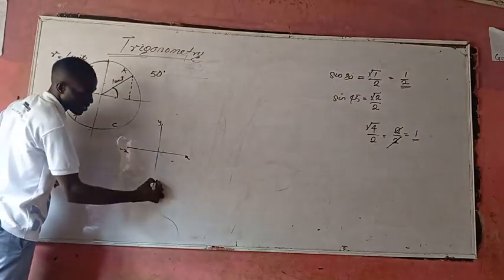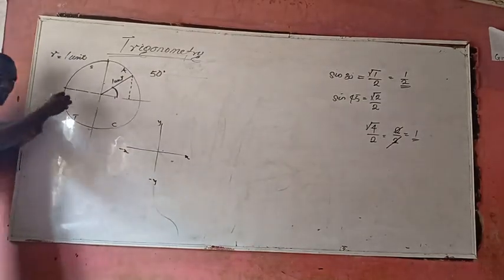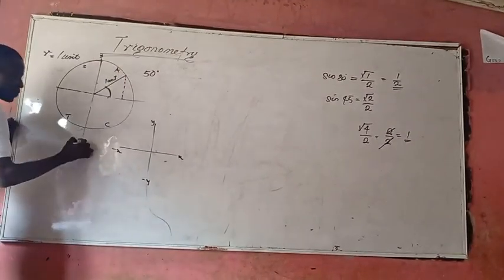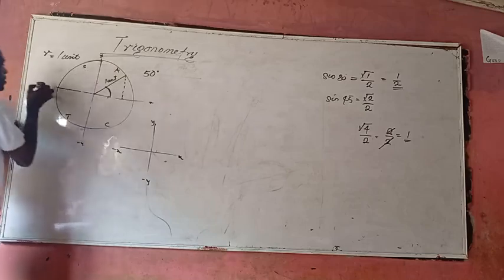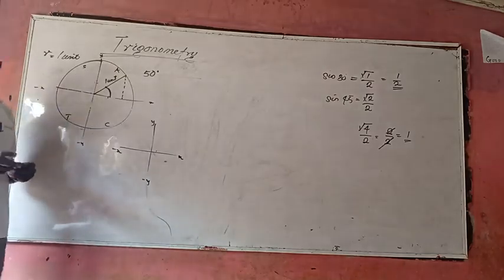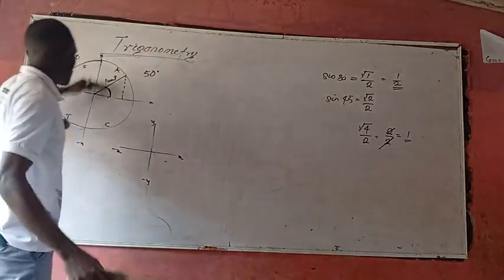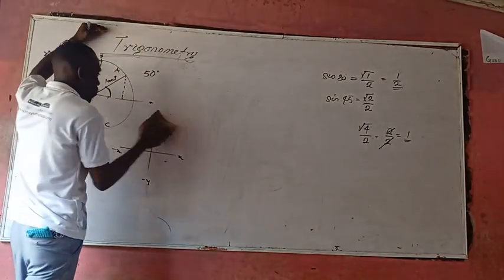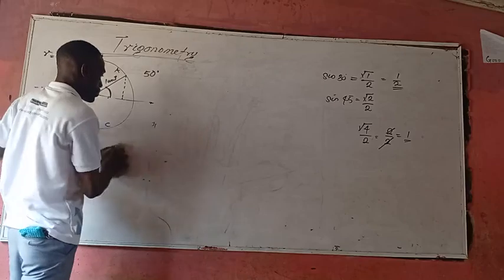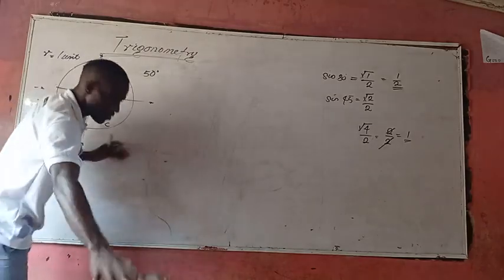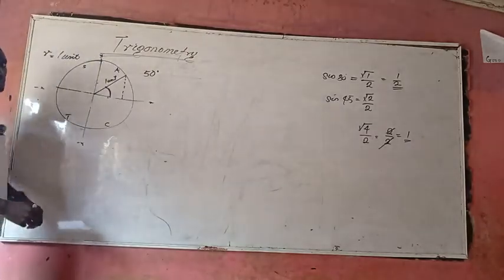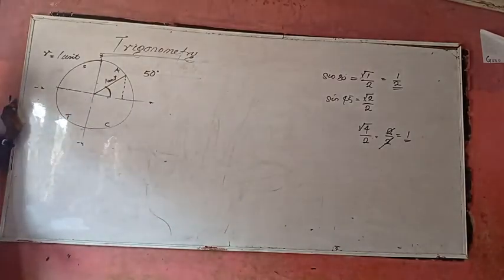We are going to apply it here too: y minus y, x minus x. Anytime we are dealing with something up here, it is positive y, and something down here is negative y. Something to the right is positive, something to the left is negative.